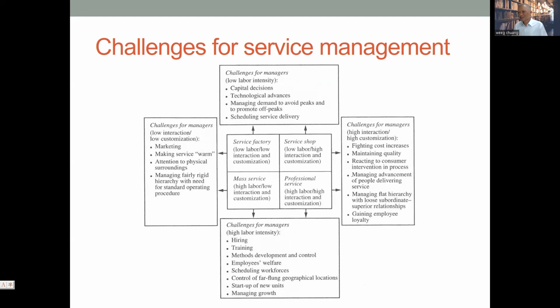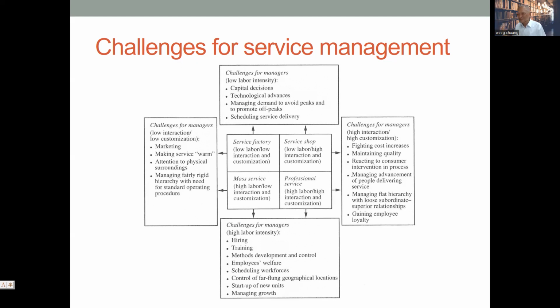And next part, for the interaction and customization. For low interaction, the management challenges are marketing and making service warm, attention to physical surroundings, and managing a fairly rigid hierarchy with need for standard operating procedures, or SOP.